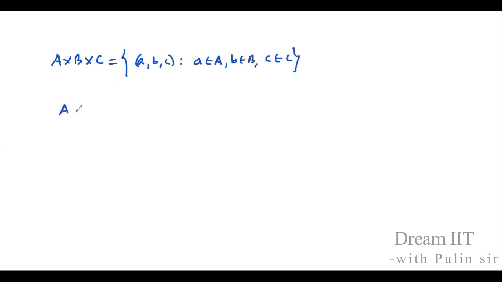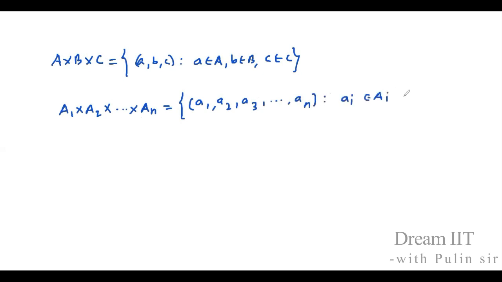Similarly, suppose I want to define this for n number of sets. So what we get? Here we get an ordered n tuple. We call it n tuple. I'll write that: it is a1, a2, up to an, and each of the ai has been collected from Ai, and i is ranging from what to what? 1 up to n, right?